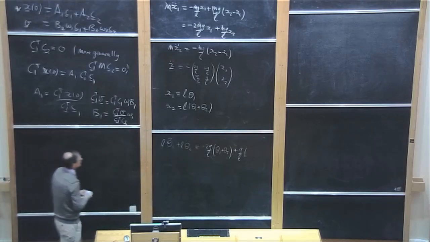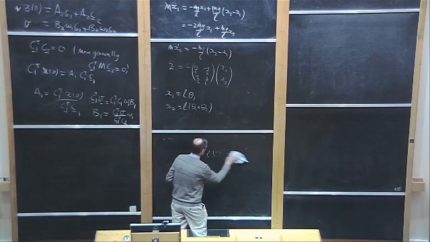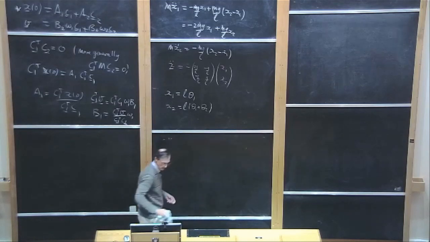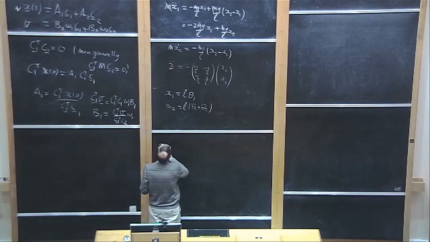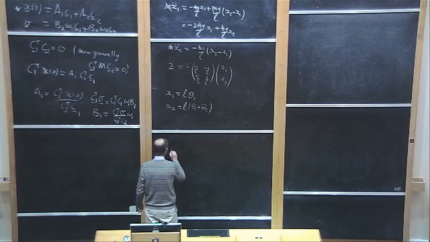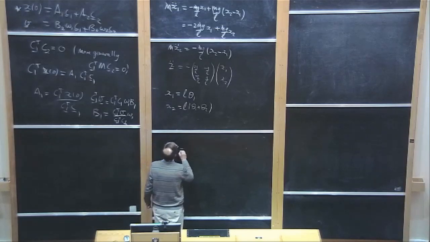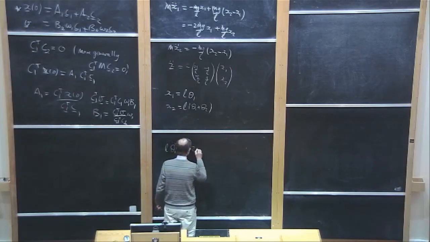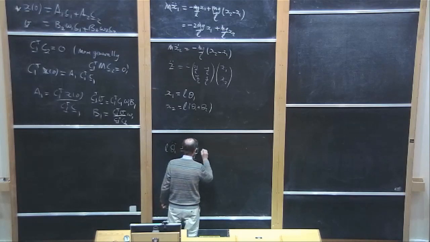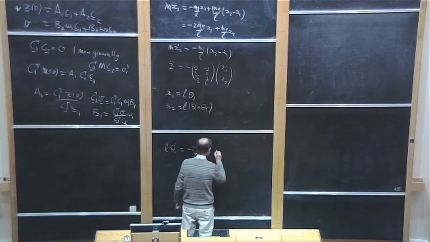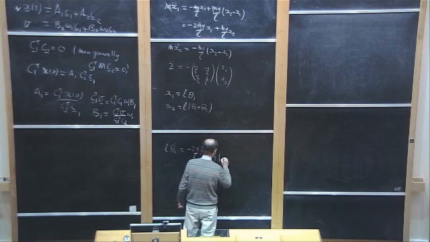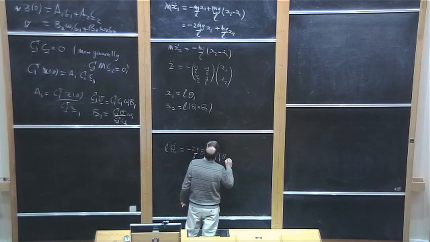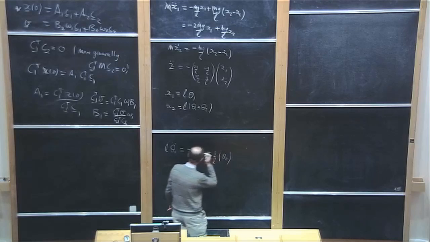Everything I've written is rubbish. That's all wrong. So x1 is L theta 1. So L theta 1 double dot is minus 2g over L theta 1 plus g over L theta 2. Is that right?